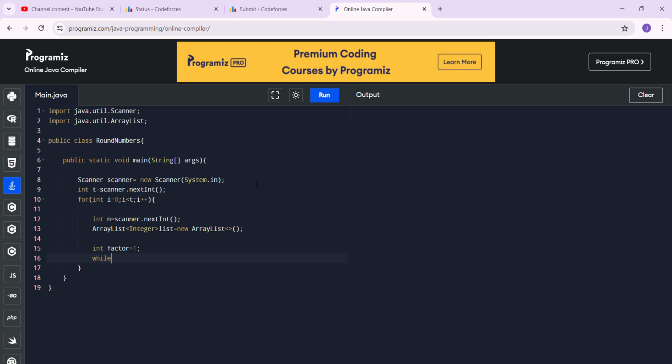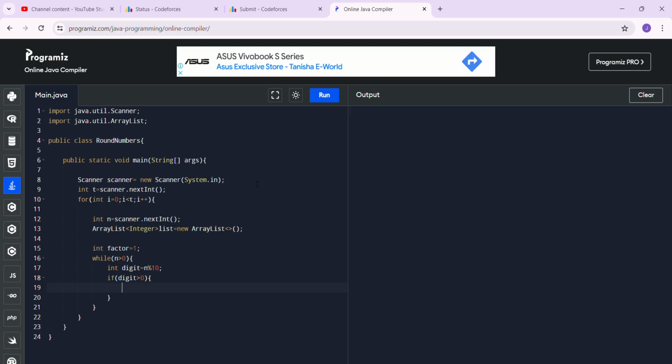We initialize factor equal to 1. Now while n is greater than 0, we initialize digit as the remainder of n when divided by 10, and we check if digit is greater than 0, because when digit is less than or equal to 0 there is no point in performing those operations.